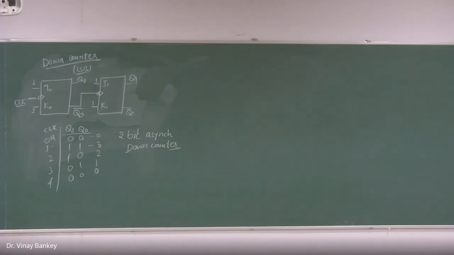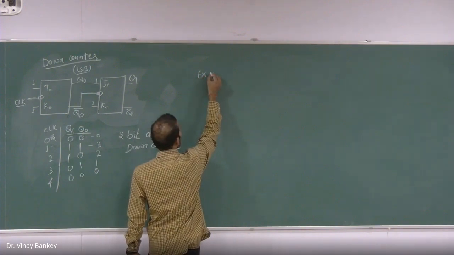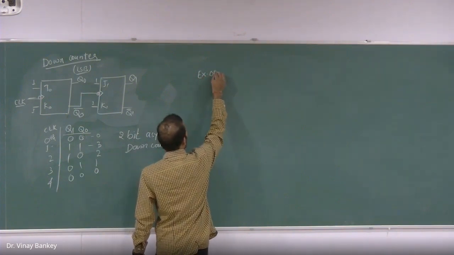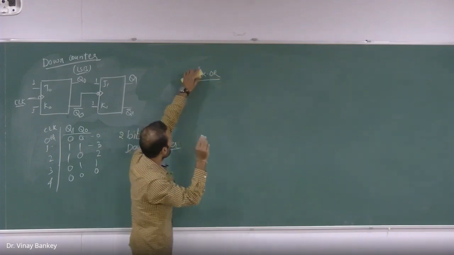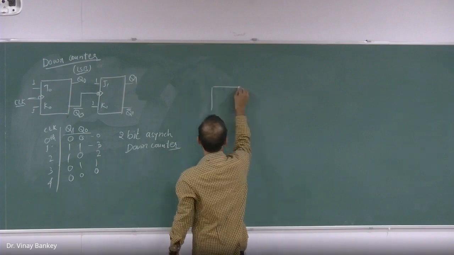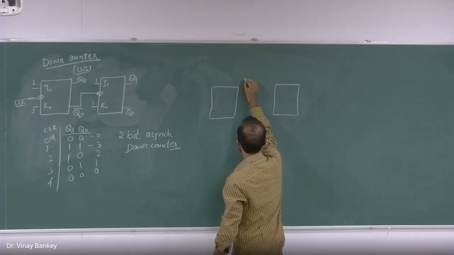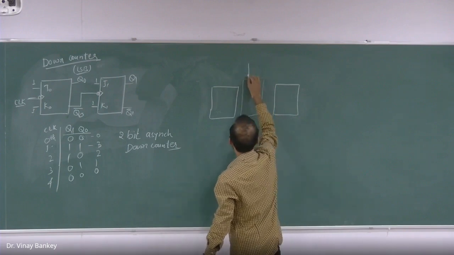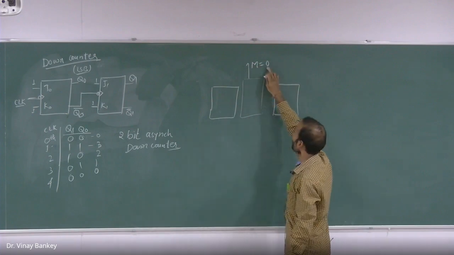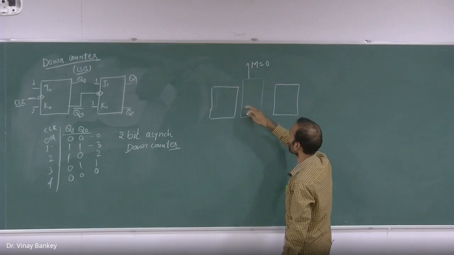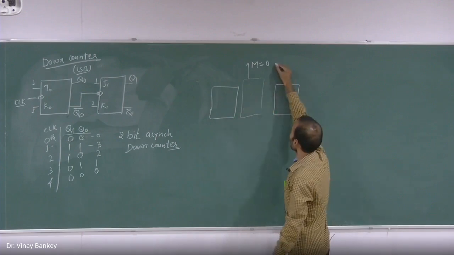Now see, there is a property of XOR gate. What I want here is a combinational circuit in between these flip-flops that can say, I will decide my mode here. Now I will say if M is equal to 0, this combinational circuit should operate in this manner, so this counter will operate in ascending order.